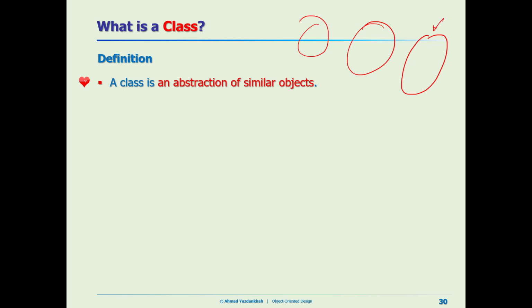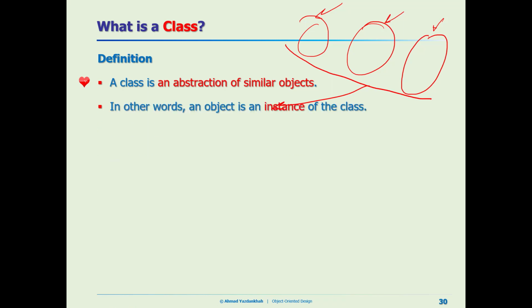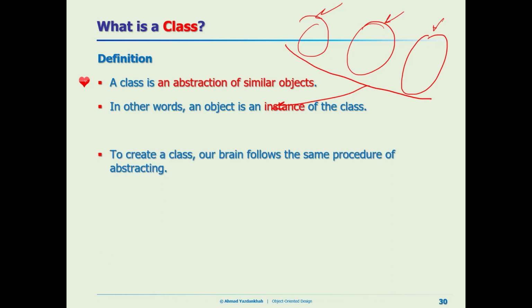We have, let's say, Ahmad here, Smith here, Barbara here, right? When we abstract all of these objects, we can create a class, when we remove the specific details of these people. We can create a template exactly the same way that we understand water in our mind.